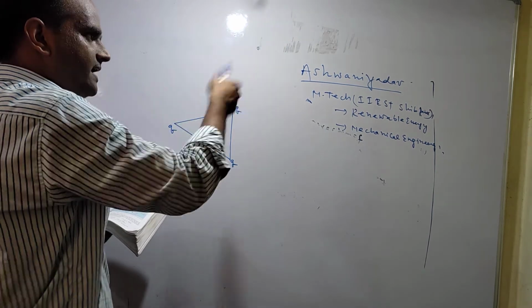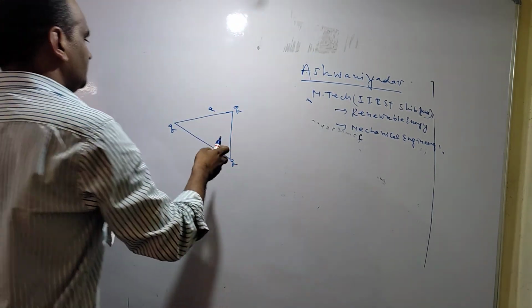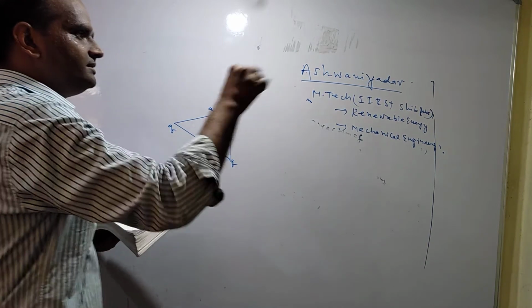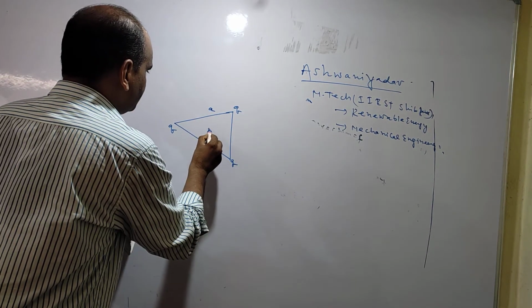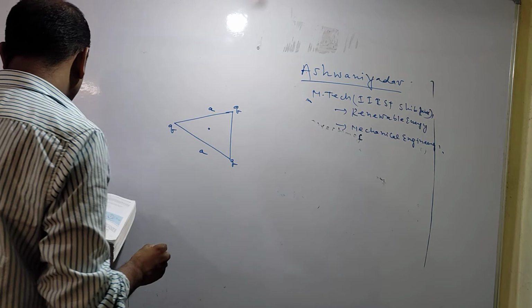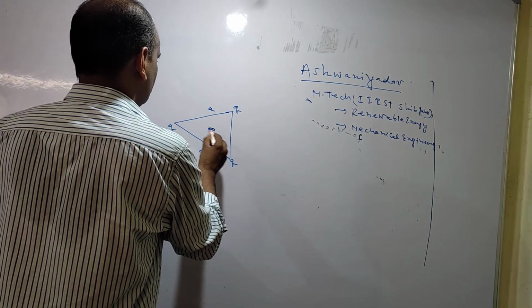Suppose this is the common point. From symmetry, the point of suspension will be just above the centroid. This is point O.